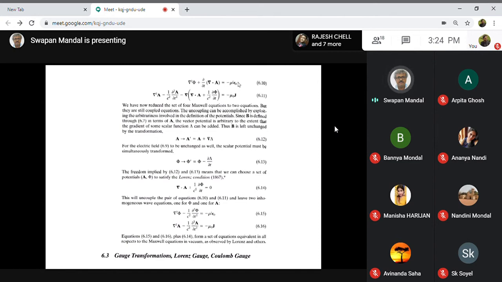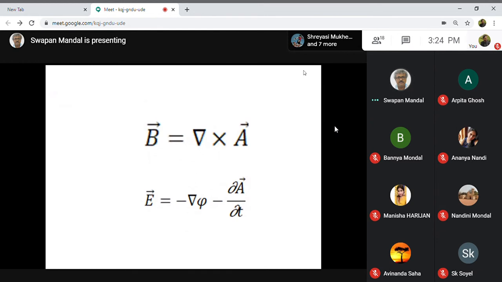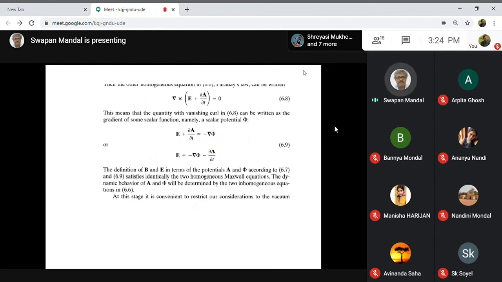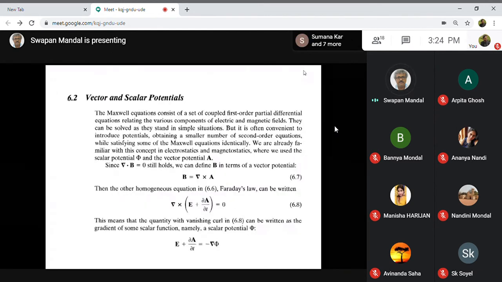What trick can I use? We have to use some trick, and that trick is given by the vector algebra. Just recall the genesis of vector potential. So vector potential was introduced from divergence of B equal to 0, so B equal to curl of A. In this way, vector potential was introduced.